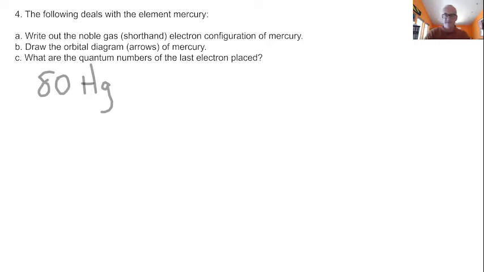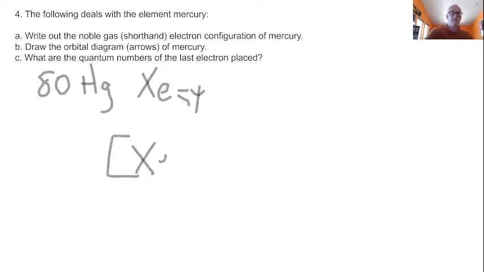Xenon? Xenon, right. And xenon is 54. So we've already accounted for 54 of the 80 electrons just by doing this. Just put square brackets around it. So that tells us we have the electrons of xenon, and then we just start adding them on from there.